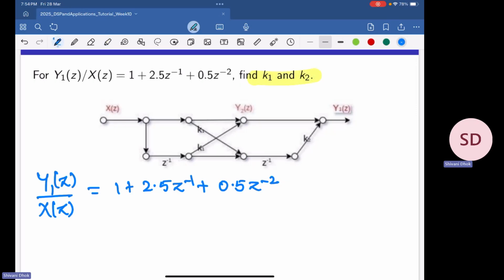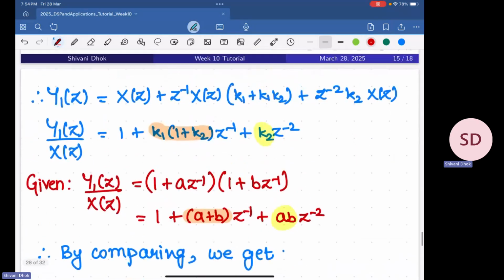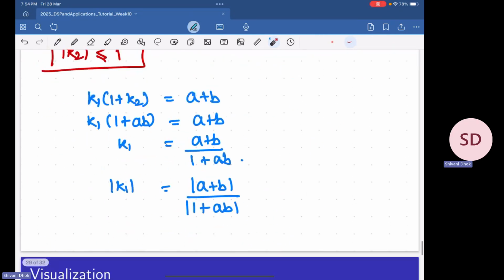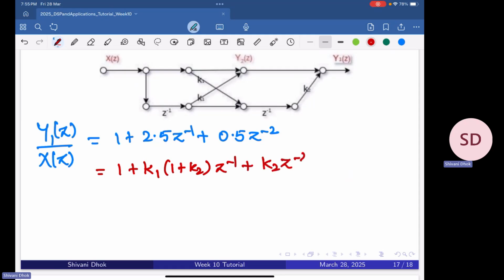So what we had got in the previous question is that y1 of z upon x1 of z is equal to this equation. I'll just rewrite that equation on the next page. So we get 1 plus k1 into (1 plus k2) z inverse plus k2 z to the power minus 2.